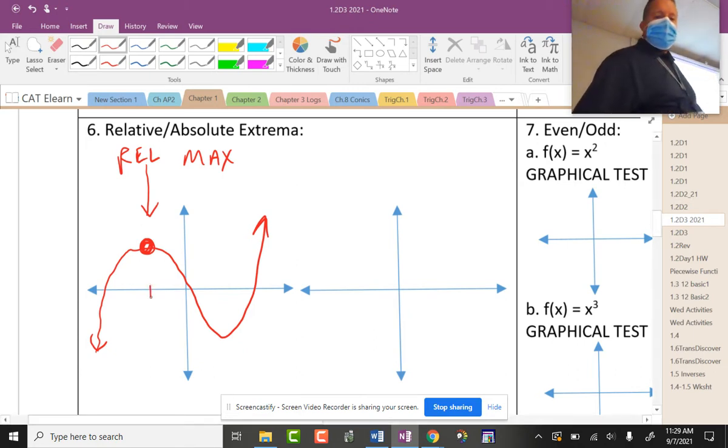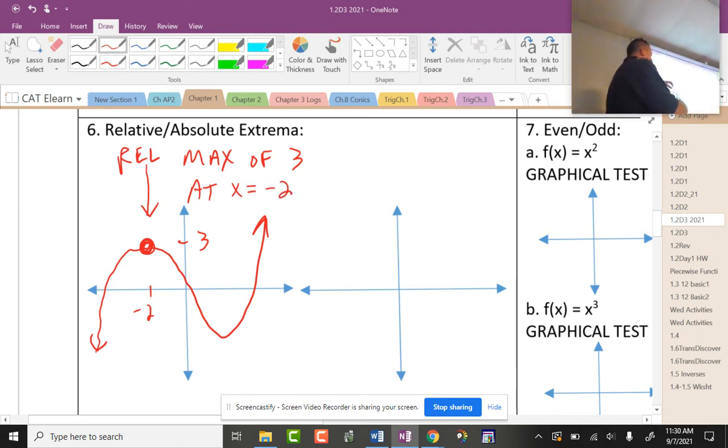Let's say this is -2 and this is 3. So it's a relative max of 3 at x equals -2. This is how you word it.